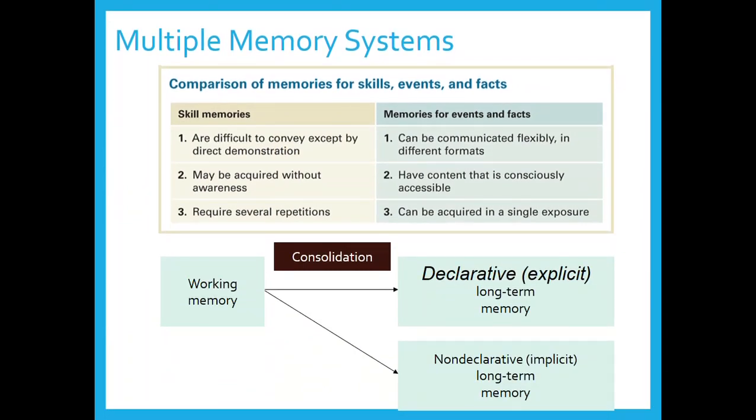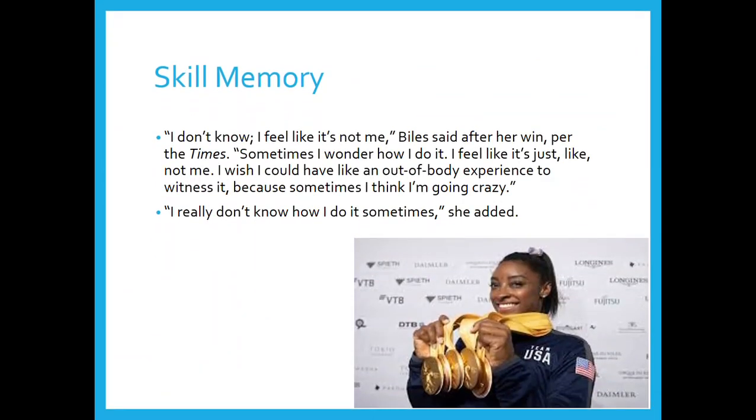Non-declarative skill memory is sometimes referred to as muscle memory, although it is thought to include some types of cognitive skills such as playing backgammon. We'll discuss this type of memory in the next chapter. But you can think about what the term suggests. Explicit or declarative memory means that we can declare or explicitly state what this memory is, so it's subject to direct communication.